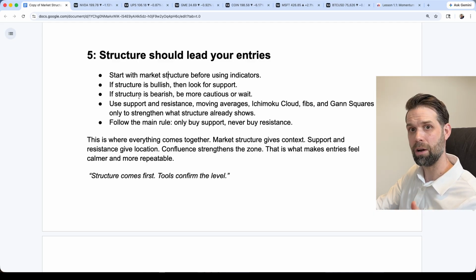If structure is bearish, then we want to be cautious and maybe wait or maybe move on to some other stocks. And then we can layer in our other tools. And again, the strategy we focus on mainly on this channel is the one rule where we only buy support and we never buy resistance. So again, structure comes first, and then we can add in our other tools.